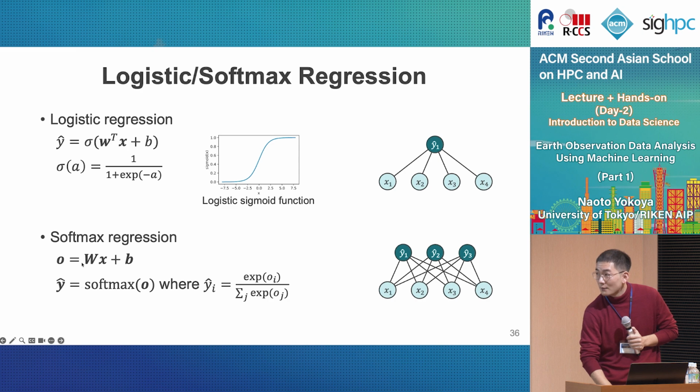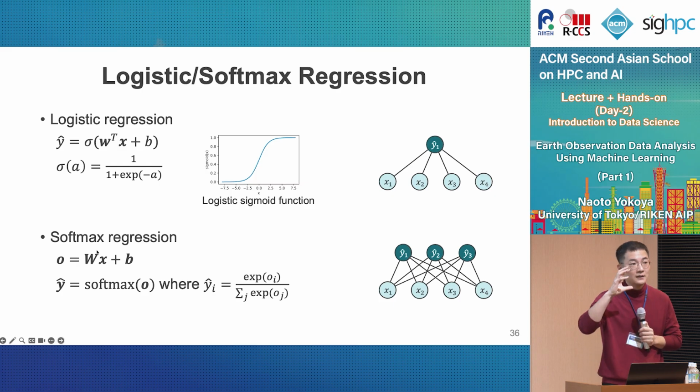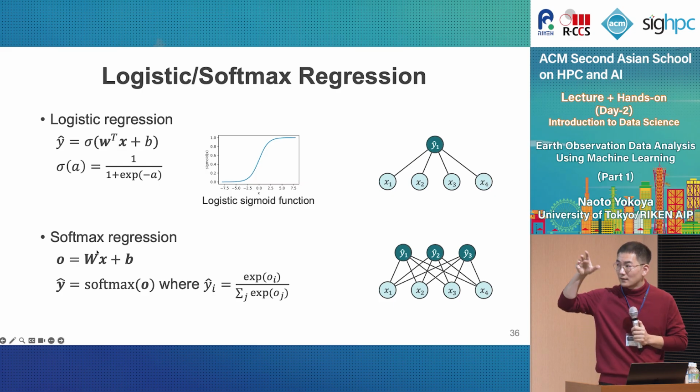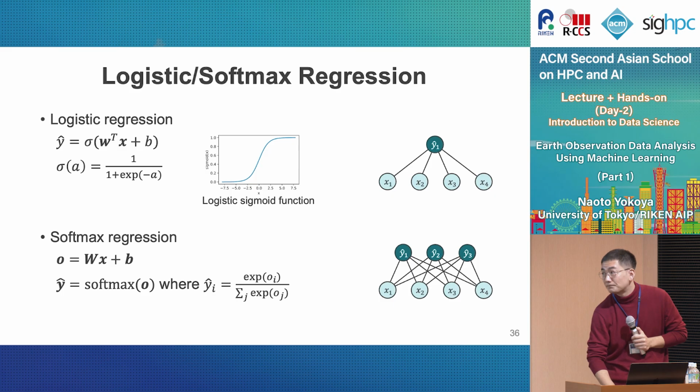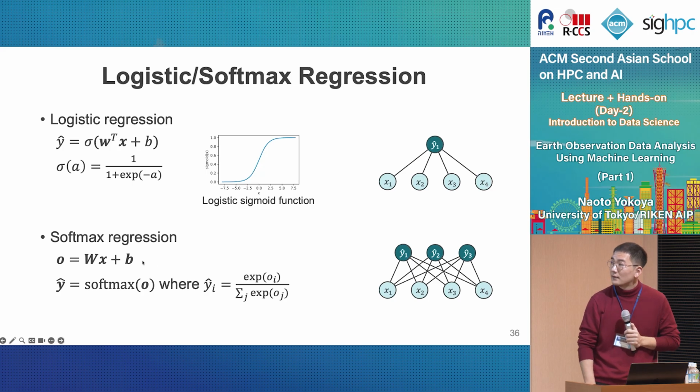The weights become a matrix because the output layer has multiple units. That's why it becomes W, capital W, which is a matrix. But actually, it's just a linear projection, projecting X to some 3-dimensional components, okay? And this b is the bias term.